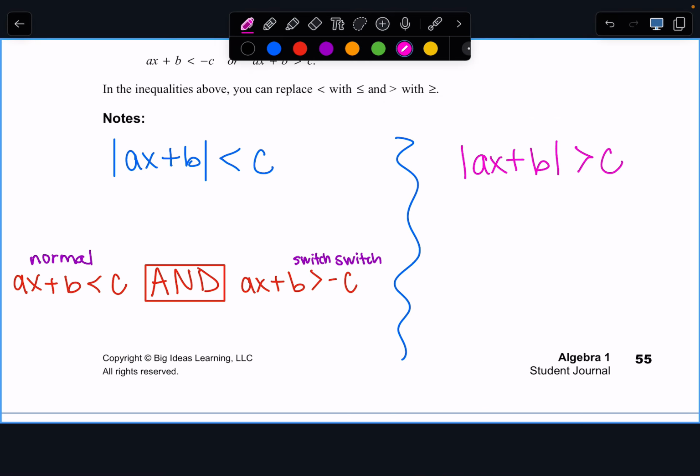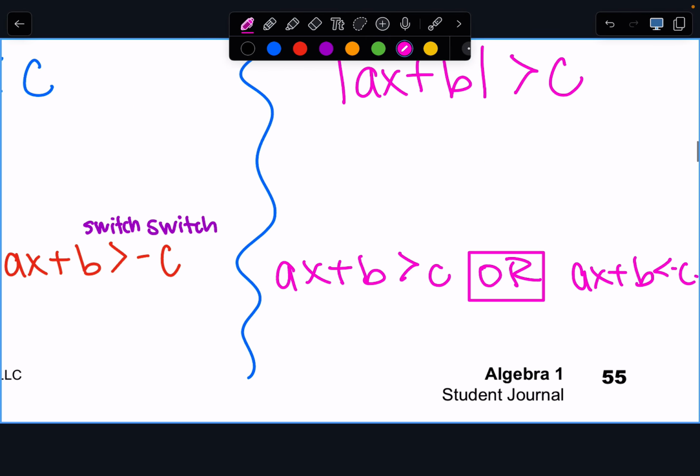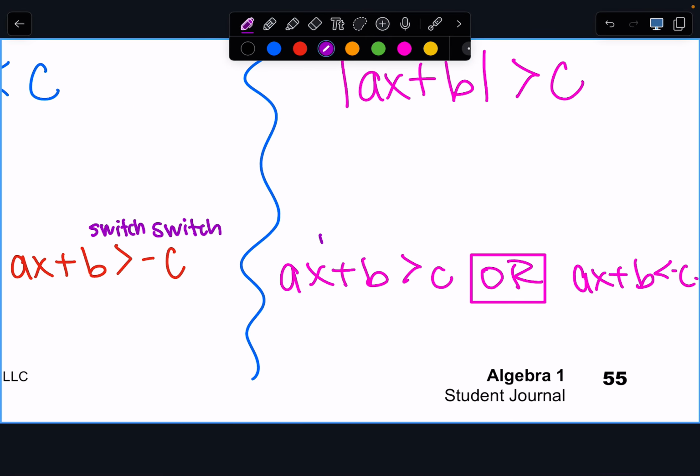We're going to break it up into two inequalities. ax plus b is greater than c, or ax plus b is less than negative c. Again, this one stays normal. And this one, we switch the inequality and switch the sign, that says switch, obviously.